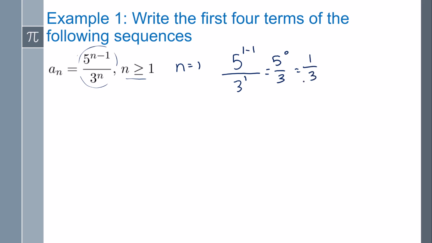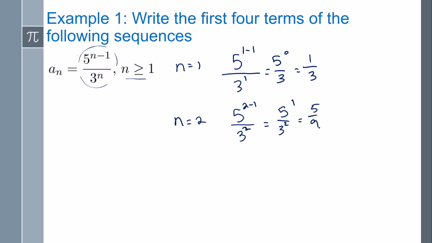So now plug in 2, my second term. So 5 to the 2 minus 1. That's 5 to the first over 3 squared. Now you could simplify it, right? If you want, you could say 5 over 9. That's no problem.